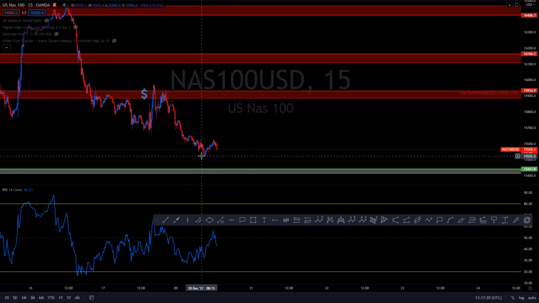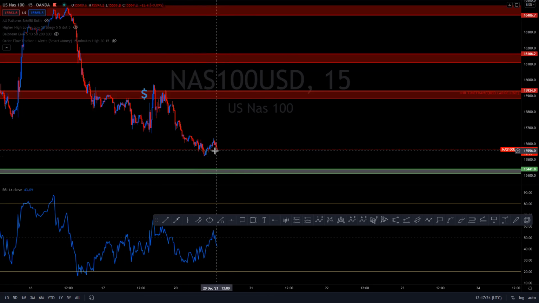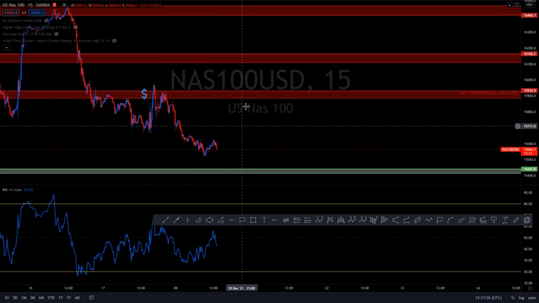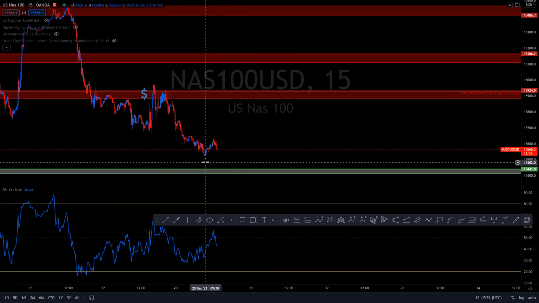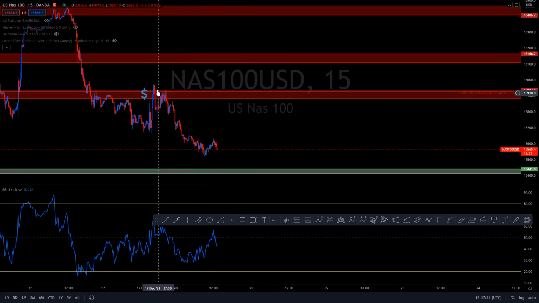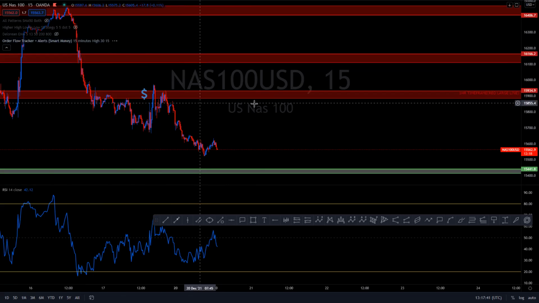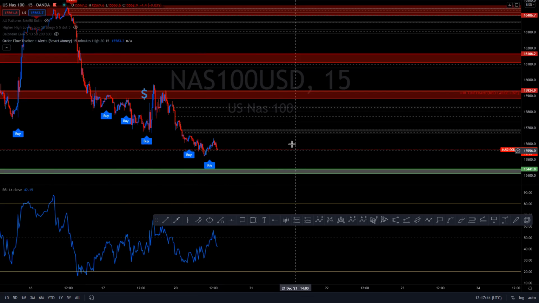So they're probably going to have to mitigate a little bit of this area, and then they probably might bring it up to fill this area possibly. But this is technically the last Harami candle I see here. They bought it up and then price went down here. So then what we're going to do is we see the Harami candles, we're going to look for price imbalances. Okay.